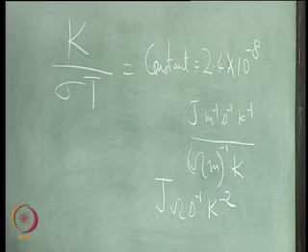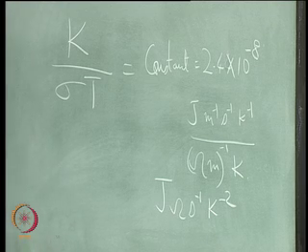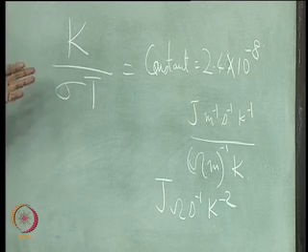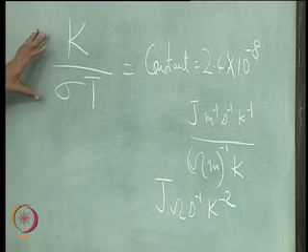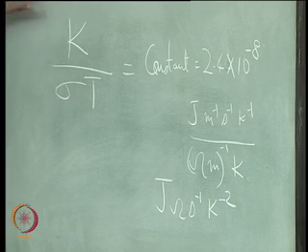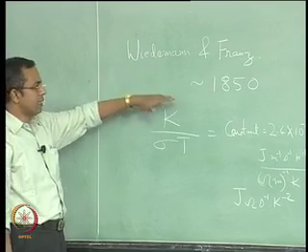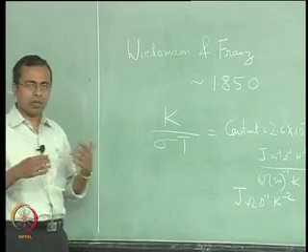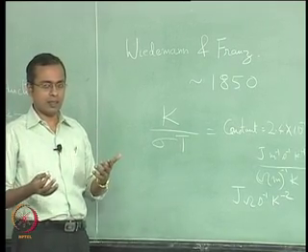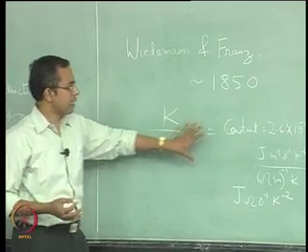So this is the thing that we have, and for a variety of materials this is found to be true, okay. This was experimentally determined, and to the extent that it was experimentally determined in the 1850s, we would consider this an empirical law, okay.